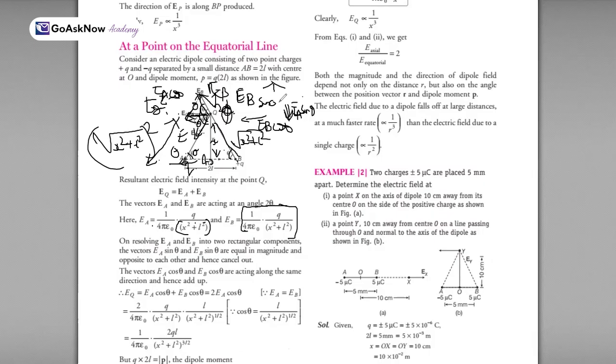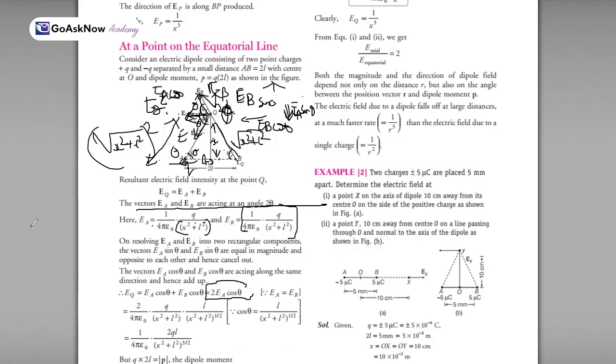So both will cancel out each other, and the net effect of the sine components will be 0. Okay, so the net effect is due to only the cos components, that is equal to EA cos theta plus EB cos theta, and it will become equal to 2 EA cos theta. Why? Because the EA and EB values are equal here. I have already told you that these are equal.